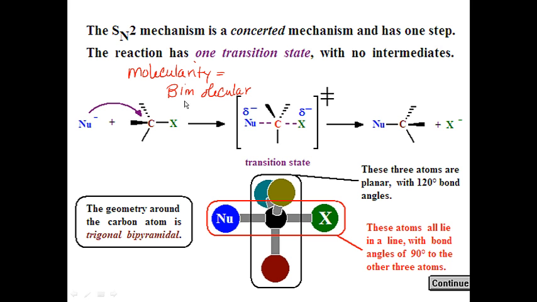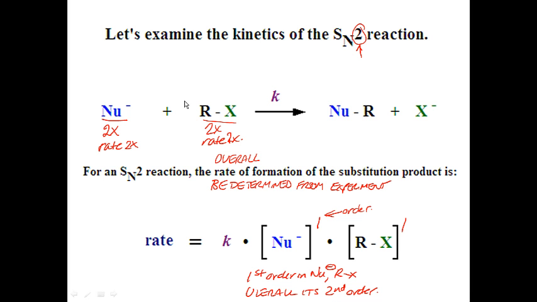Okay, so that's a bimolecular reaction. Well, bimolecular reaction also corresponds to the order. So if you have a rate equation that's second order overall, that means that 2 molecules are reacting together in the rate determining step. So this 2 then stands for bimolecular.